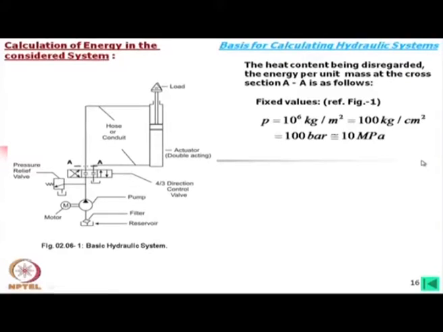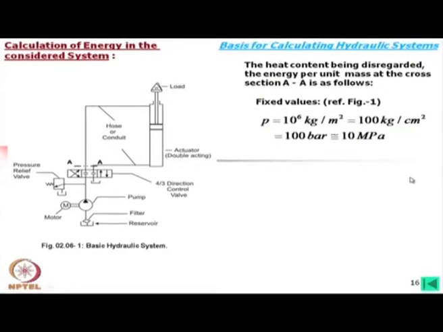Also, I would like to say, you can note it down, 1000 psi is equal to 7 megapascal, or 70 bar, or 70 kg per centimeter square.